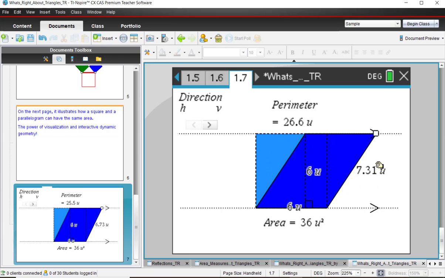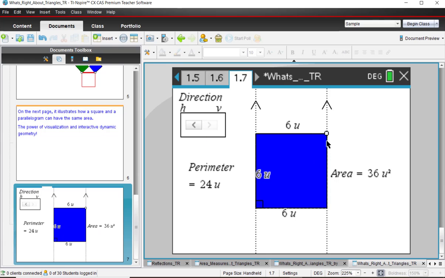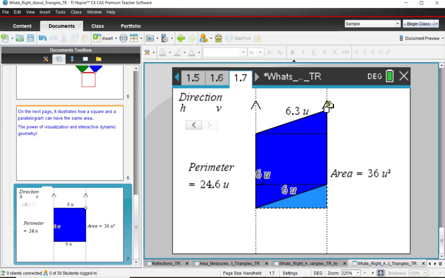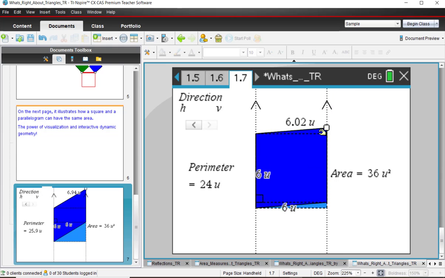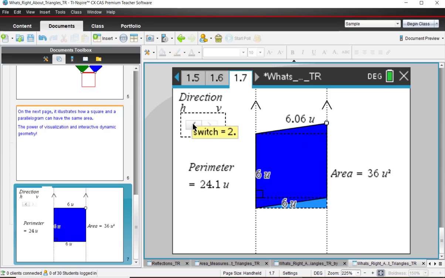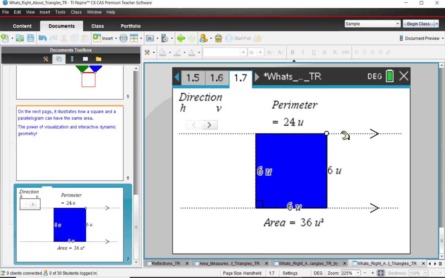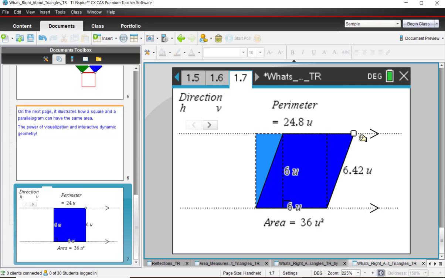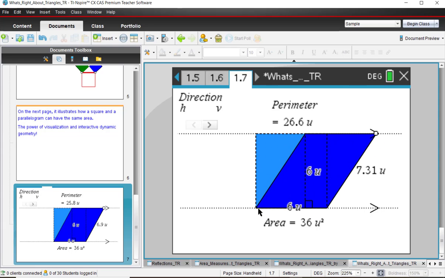And why is that? Now, before I answer, let's switch this to vertical. Same idea again, grab and pull. Again, same area, different perimeter. And why is that? Well, let's look at this one. Notice the base for the dark blue is 6 units, and the height for the dark blue is 6 units.